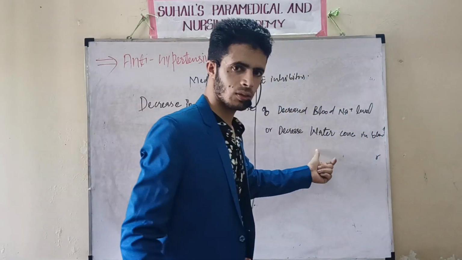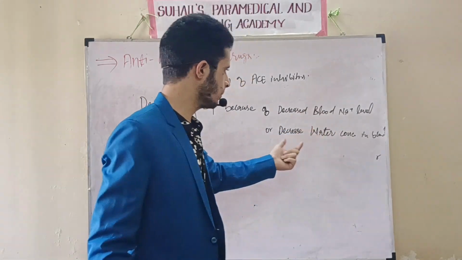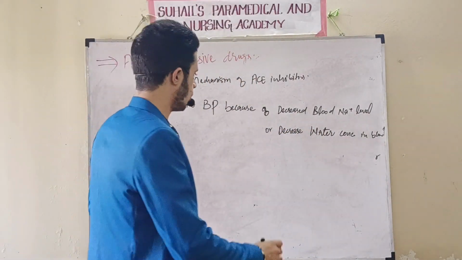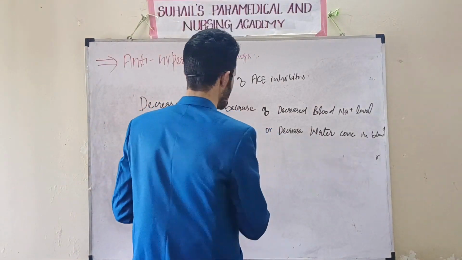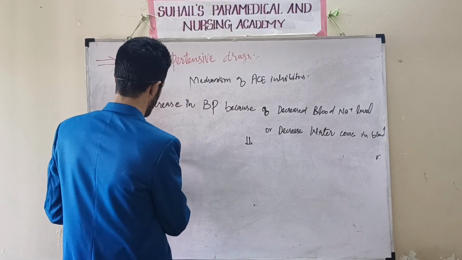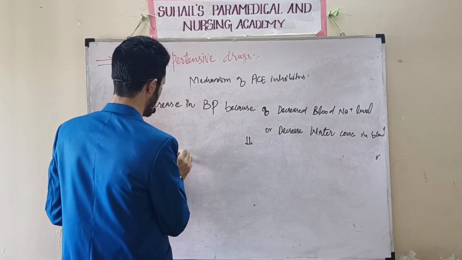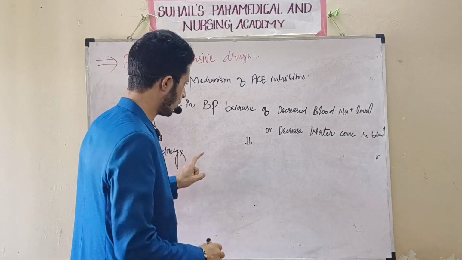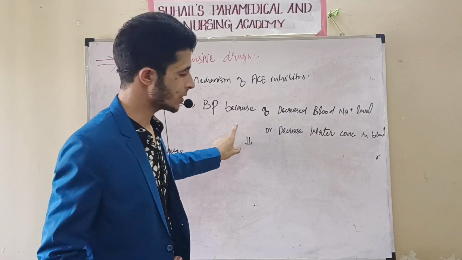So either a decrease in the water or a decrease in the sodium will lead to the decrease in blood pressure. What actually will happen when there is decrease in the blood pressure? In our body we have two kidneys, everyone is having two kidneys. What will happen to the kidneys when there is decrease in blood pressure?